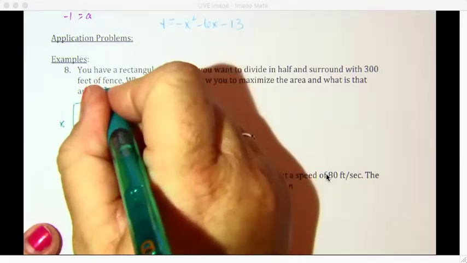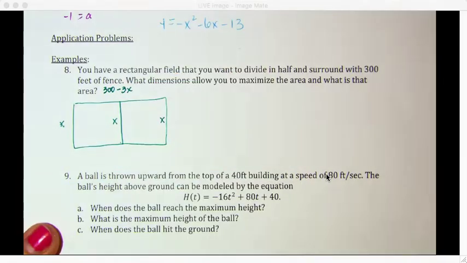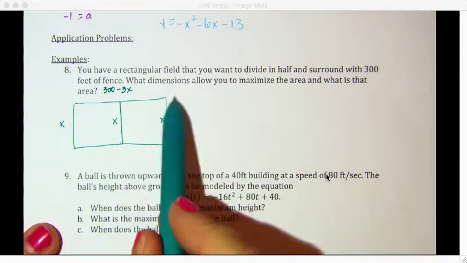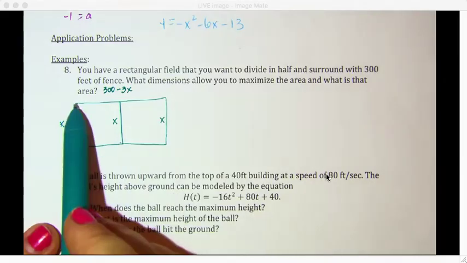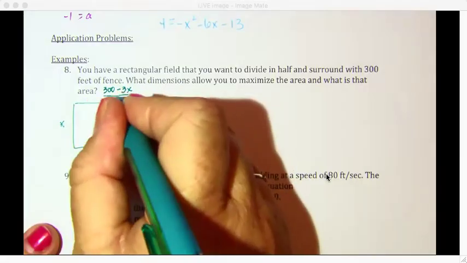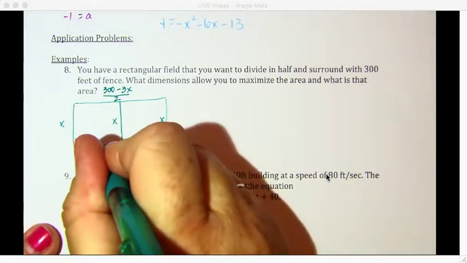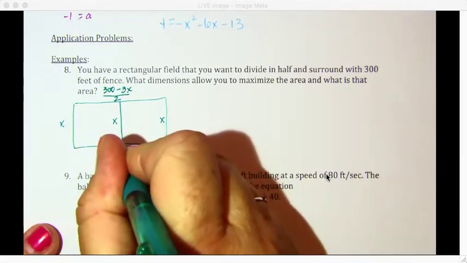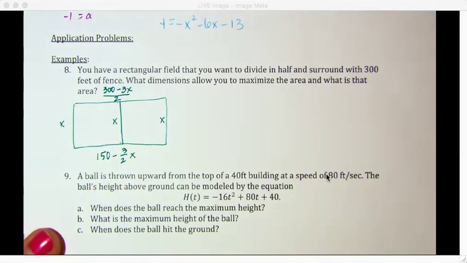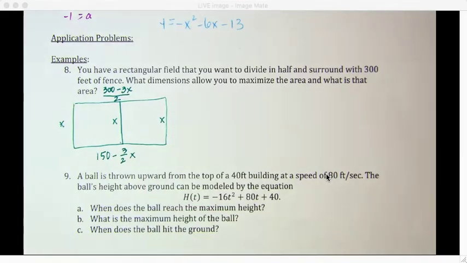So 300 minus 3x is what's left, but I need to divide that among these two sides. So I need to divide that in 2 for these two sides, so divided by 2. And you could write that as 150 minus 3 over 2x. So that gives me a length and a width of my rectangle.